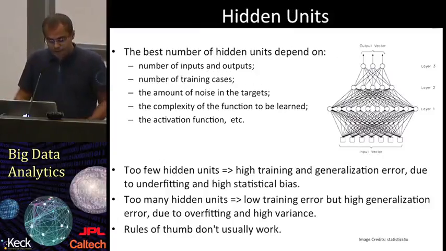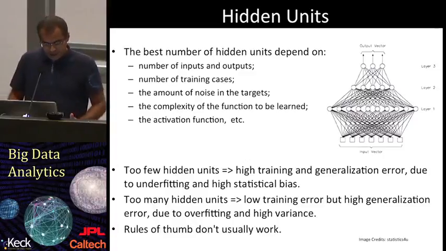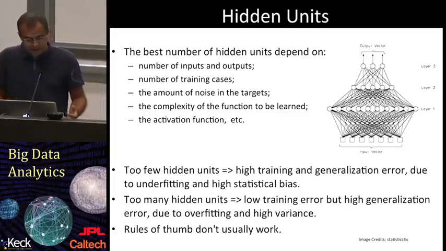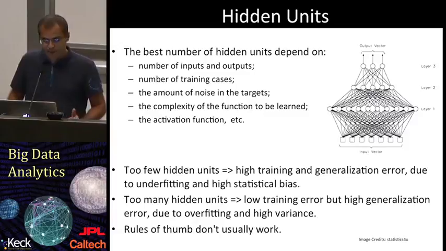We have said that the network has one input level, one output, and 0 or more hidden layers. Actually, choosing the number of hidden layers and of the hidden units is crucial. And unfortunately, there is no magic formula that we can use. This number depends on the number of inputs and outputs, the number of training cases, the amount of noise in the targets, the complexity of the function to be learned, and, as we'll see in a moment, the activation function, and so on.